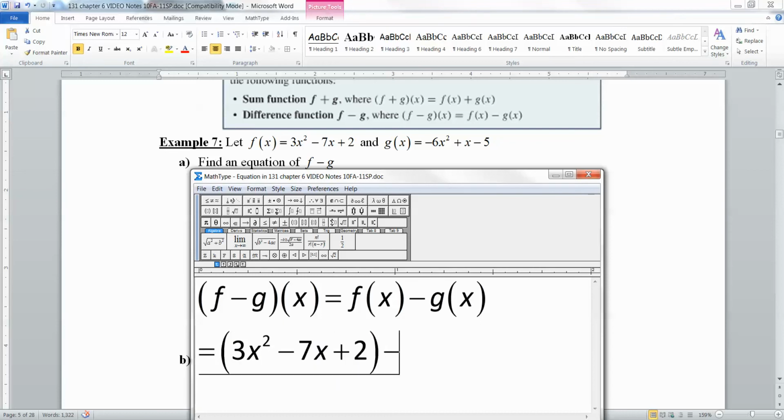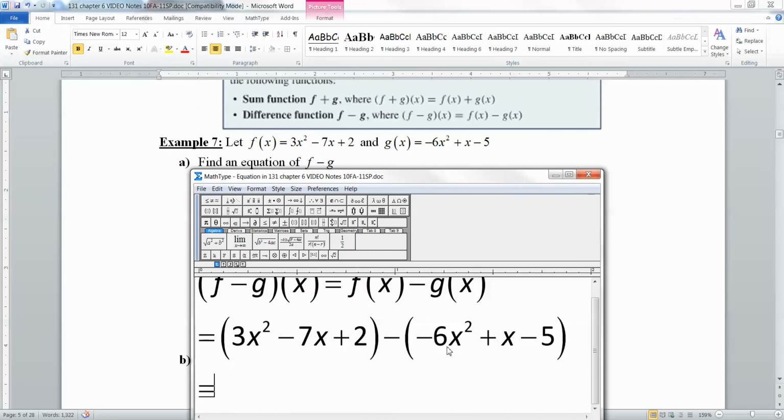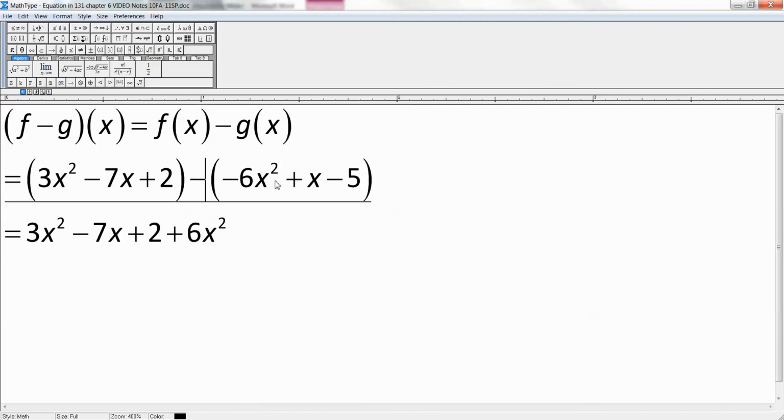And I want to subtract away g of x, which is negative 6x squared plus x minus 5. You want to subtract the entire thing. It doesn't say take away the first term of g. No, it says take away all of g of x. So the best way to do this is to put parentheses around it so you don't forget. So this is 3x squared minus 7x plus 2. Nothing changes on the front term. But then it's plus 6x squared because you want a minus 6.